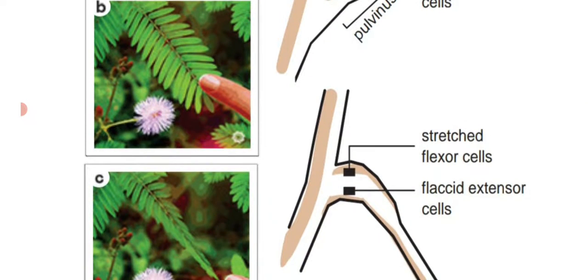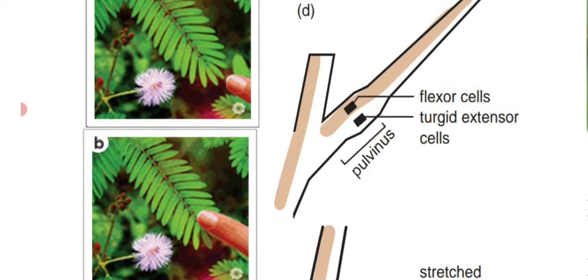But when an external factor such as touch or a blow acts, what will happen? These two cells are arranged in the opposite direction. It stops the transport of water in the pulvinus region so that the leaves become closed.